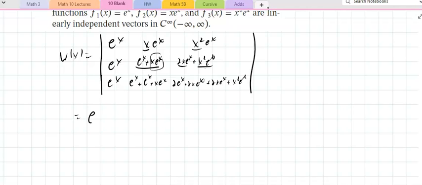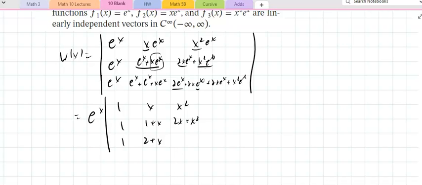So if I take e to the x out of this whole mess, nope, not 3, I messed up.